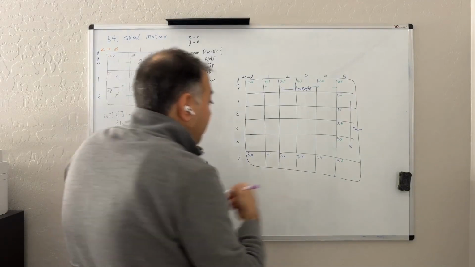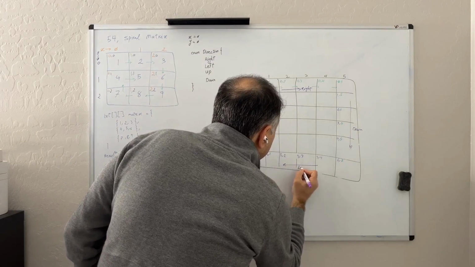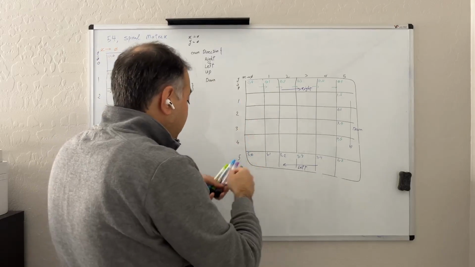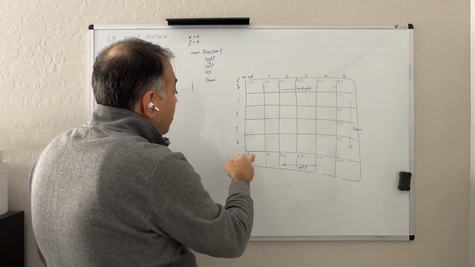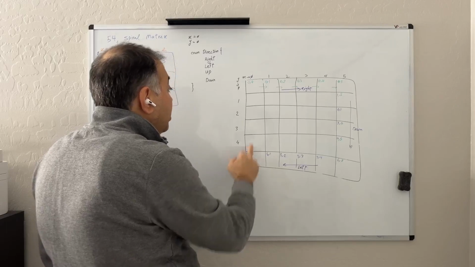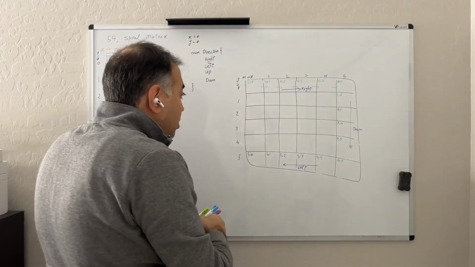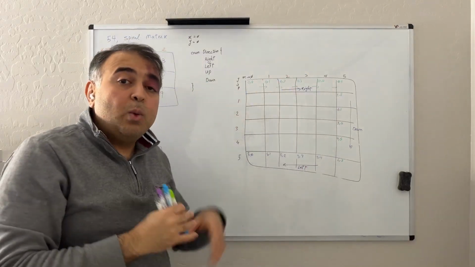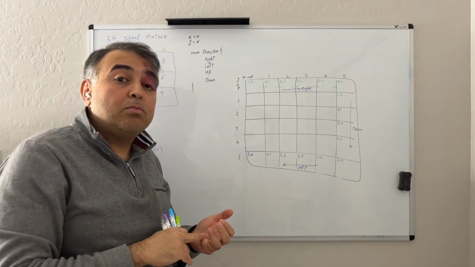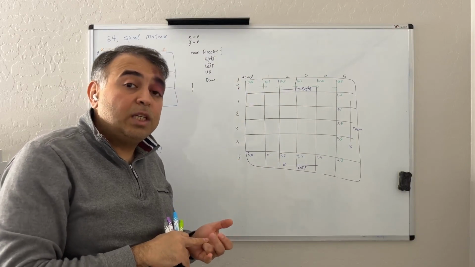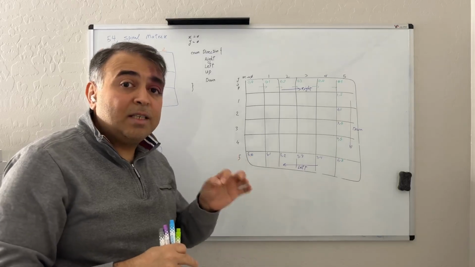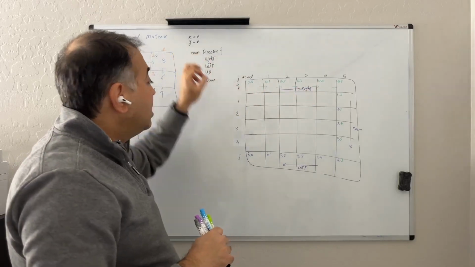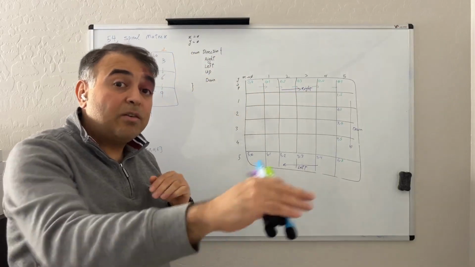When we went left, and then we went up, the same thing happens. We will keep the column, we will not change the column, but we will change the rows. So this is the way that we are going to handle it. Based on the direction that we are moving, we will change maybe the row, or we will only change the column. So the way that the pointers are changed will be sensitive to the direction that we are going.